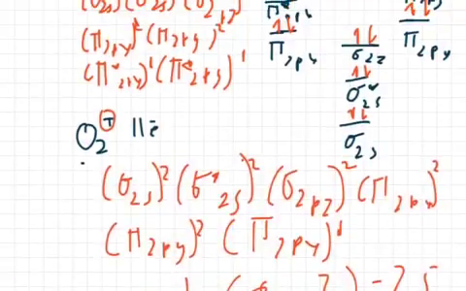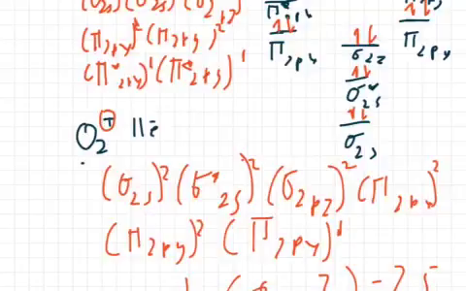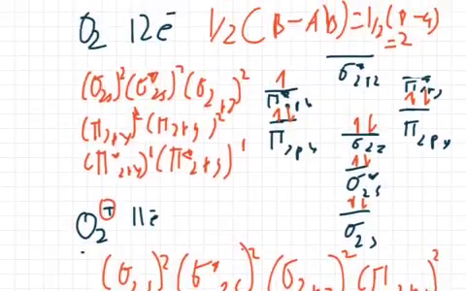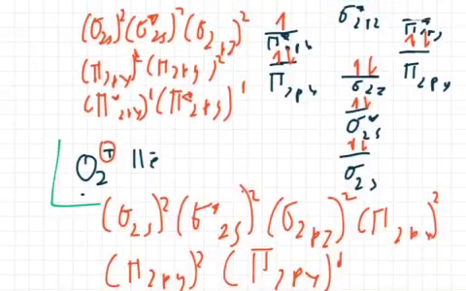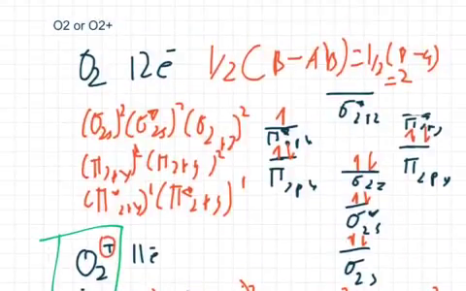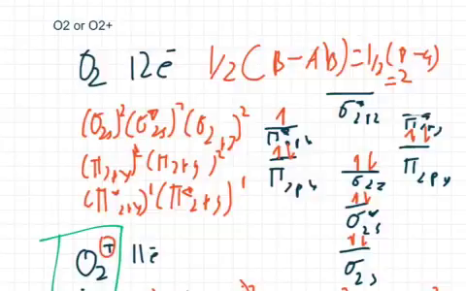Now, 2.5 is greater than 2, and as we said before, bond order is proportional to bond strength, which gives us the answer that O2 plus has the greater bond strength out of this pair. So there you have it, an application of molecular orbital theory to a question that allows us to determine bond order and therefore bond strength.